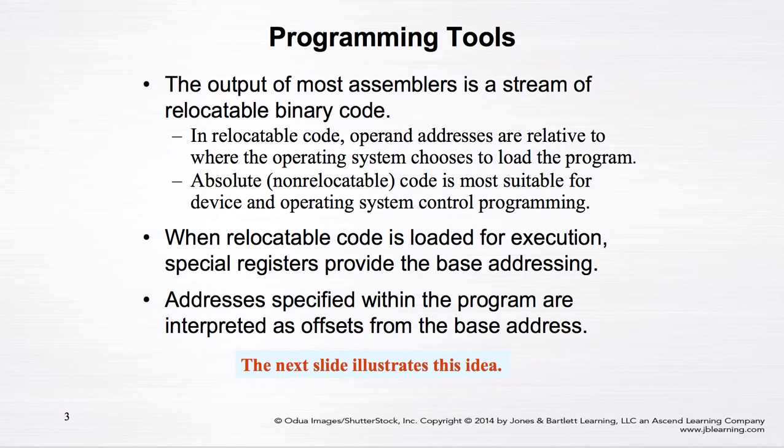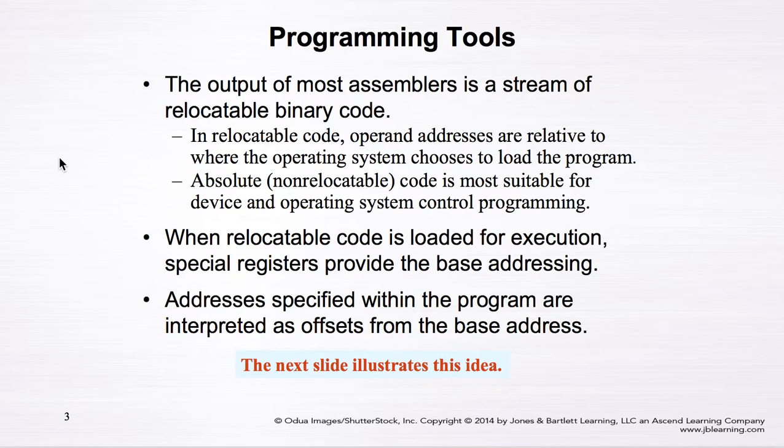The output of most assemblers is a stream of relocatable binary code. In relocatable code, operand addresses are relative to where the operating system chooses to load the program. On the other hand, absolute or non-relocatable code is most suitable for device and operating system control programming.